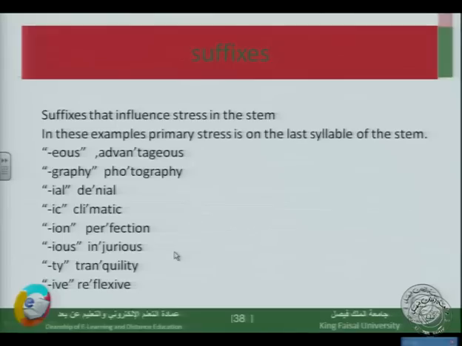Like advantageous, photography, denial, climatic, perfection, injurious, tranquility, reflexive. Notice the suffixes -ive, -ic, -ous, -tion, -ical, -al, -ity: they always stress the syllable before them. This is the syllable before them. The same here: tranquility, okay?